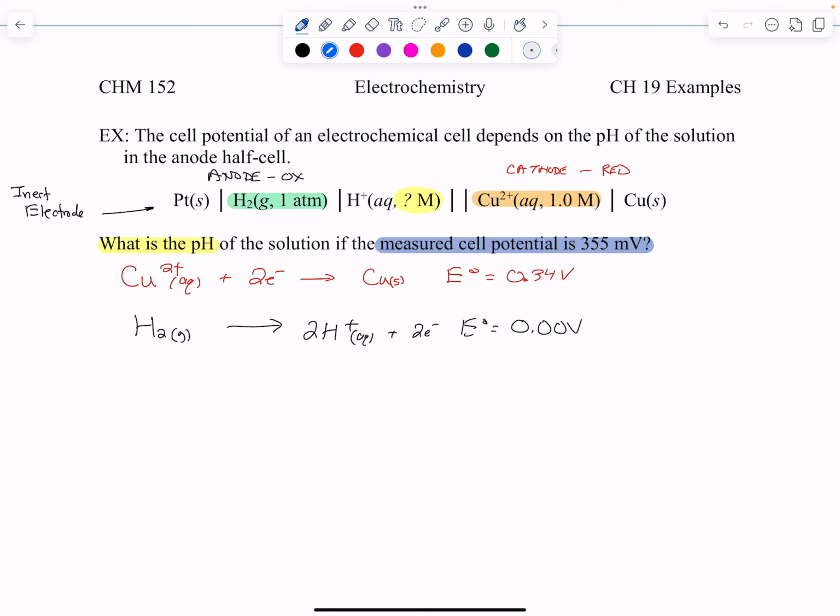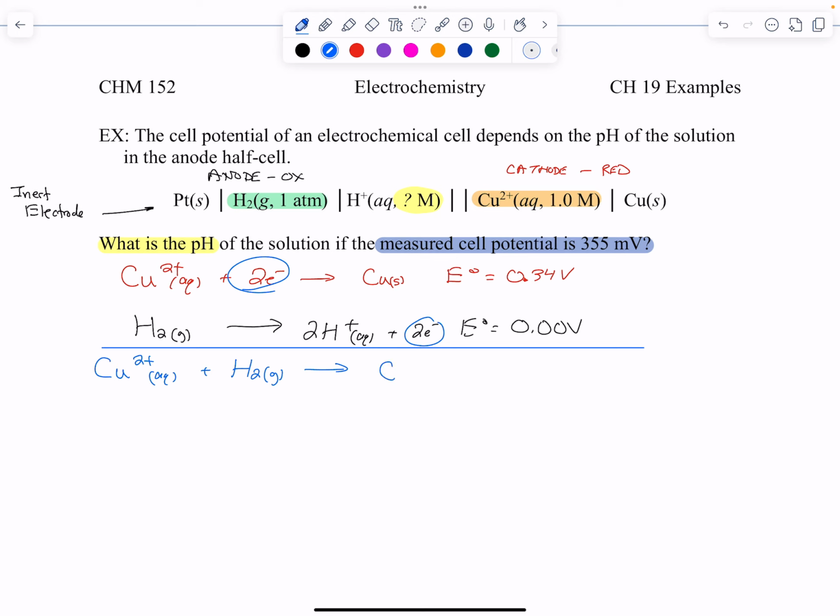And so if we add these up, we would have Cu2+ in solution plus H2 gas. And if we notice we got 2 electrons and 2 electrons, that's good.